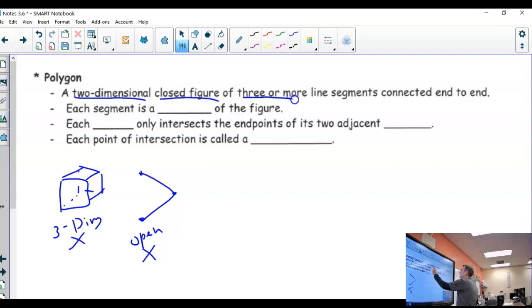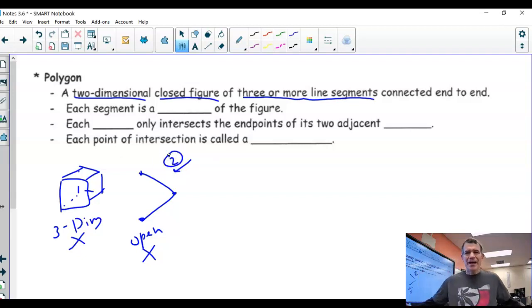It needs 3 or more line segments. All right, there's a lot to unpack there. First of all, it needs 3 line segments. If it only had 2 segments like this, you can't close it up, so it's not going to be a polygon. It takes 3 sides to make a closed figure, and they must be segments.